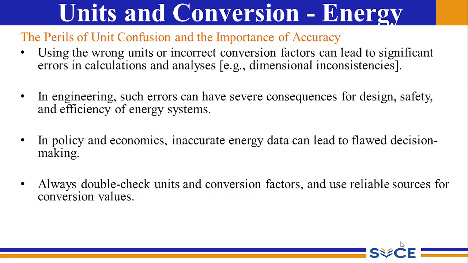So there you have an error of 0.004. It's very important to use a reliable source for your data. Another example: 1 BTU, British Thermal Unit, is equal to 1055 joules. If you round it up to 1000 joules, you're going to have a lot of error.